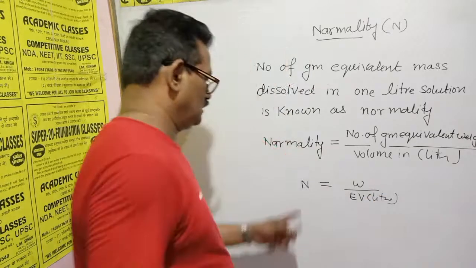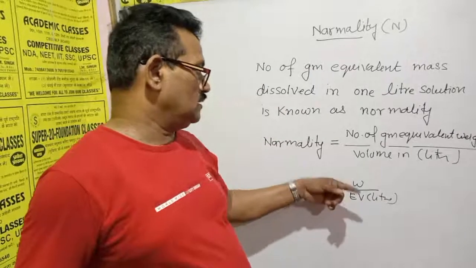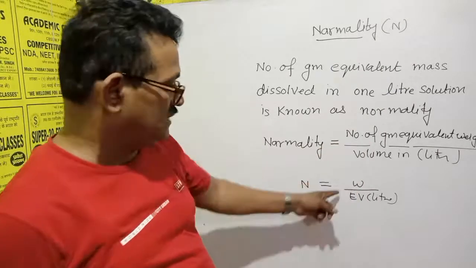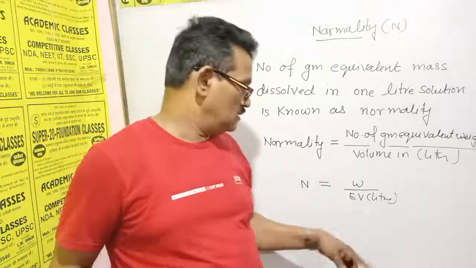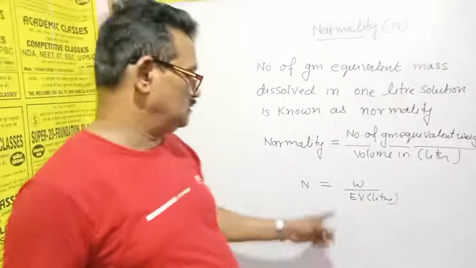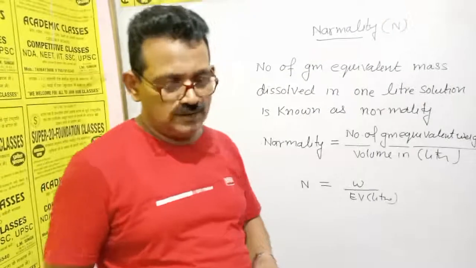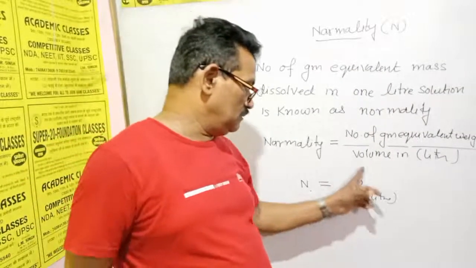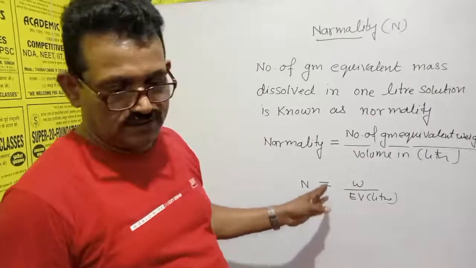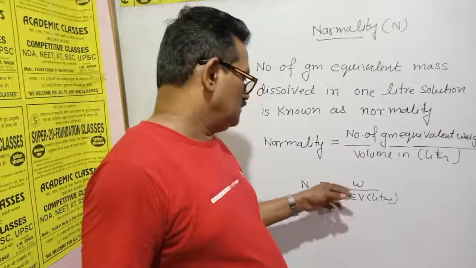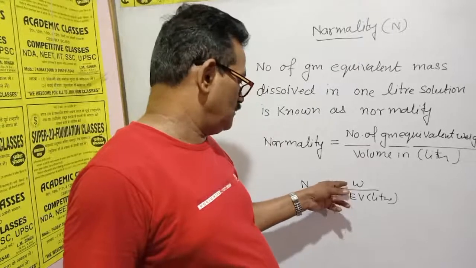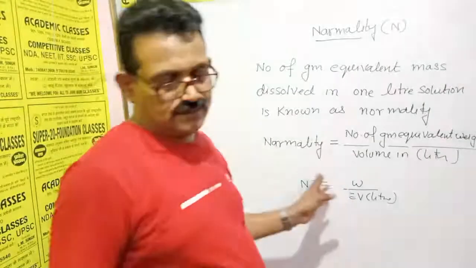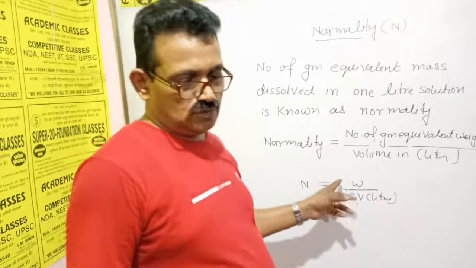Small w is the gram weight of solute here. E is the equivalent weight, meaning gram equivalent weight. What is the meaning of gram equivalent weight? Student, this is a very important point. Note here, small w is the gram weight of solute and E is the equivalent weight of solute.